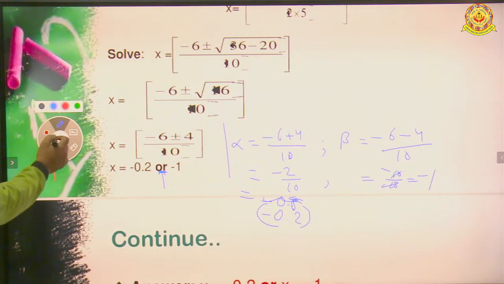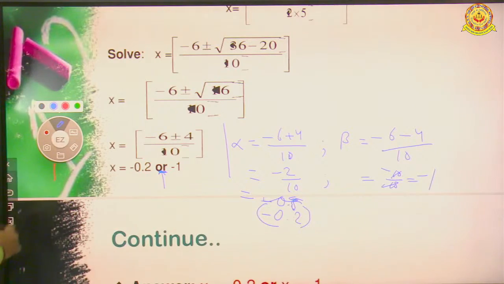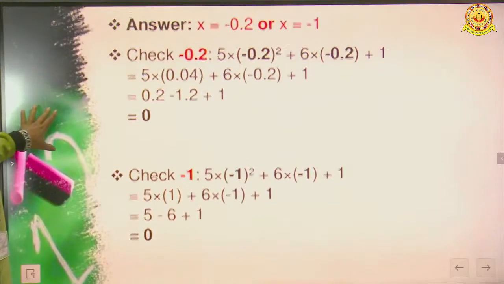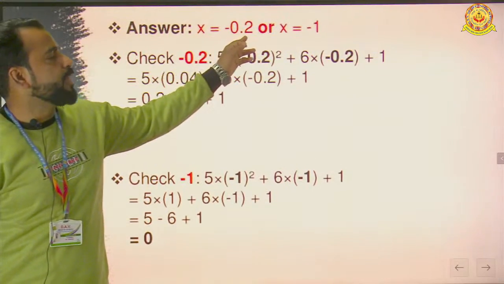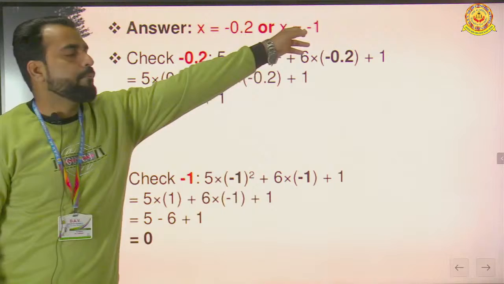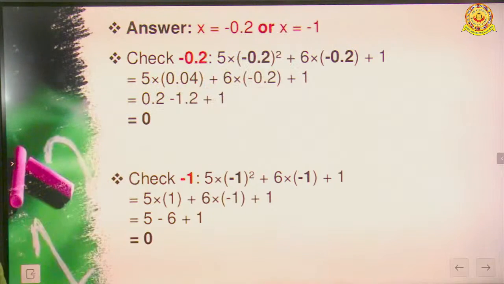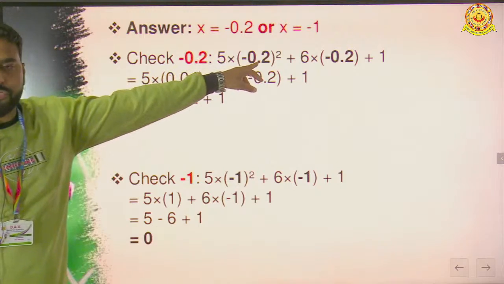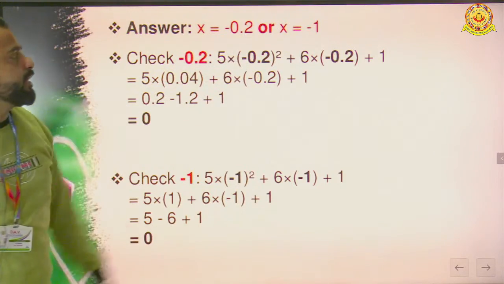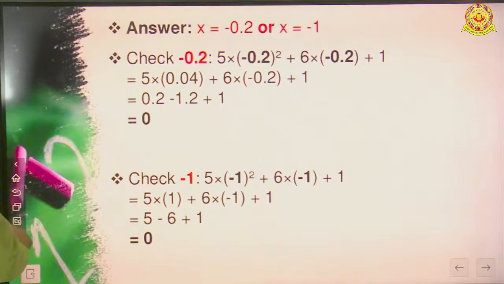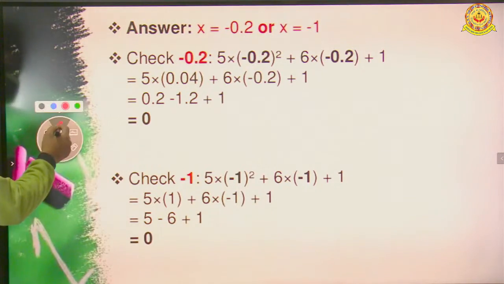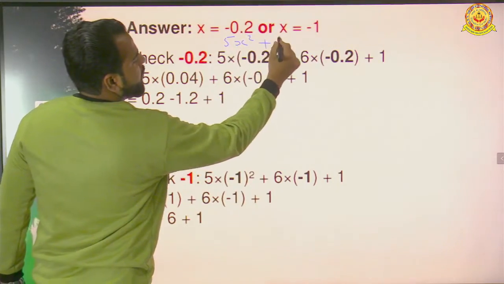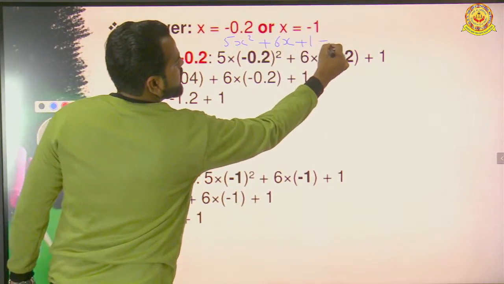If we put the x values minus 0.2 or minus 1, will the solution be 0 or not? The equation was 5x square plus 6x plus 1 is equal to 0.